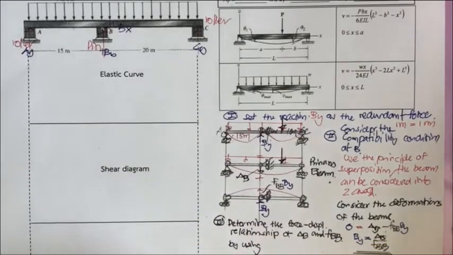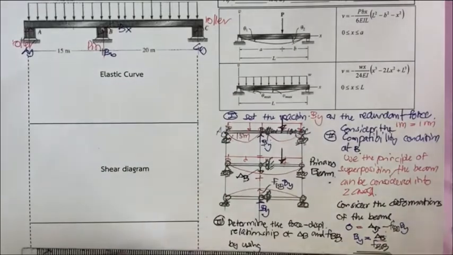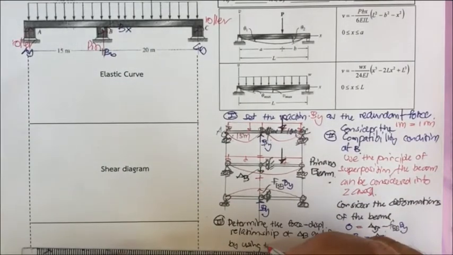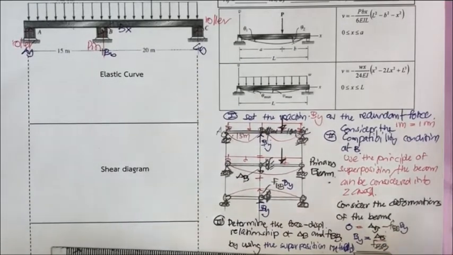What method do we use to solve this? By using the superposition method. We're going to use this to determine the displacement here, and then we can solve for delta sub B.